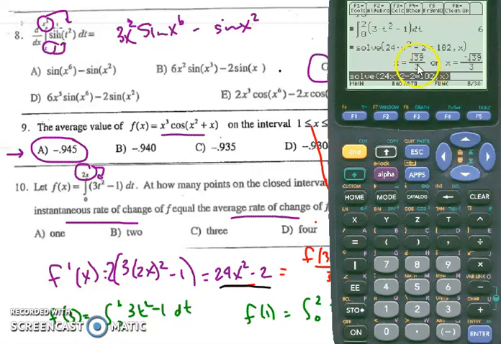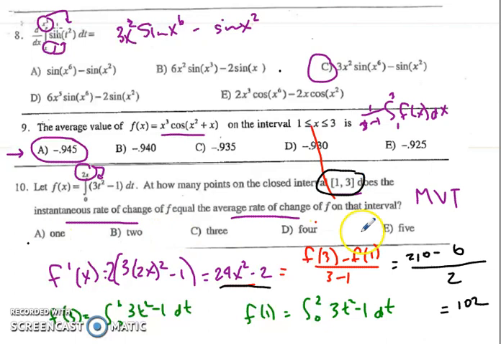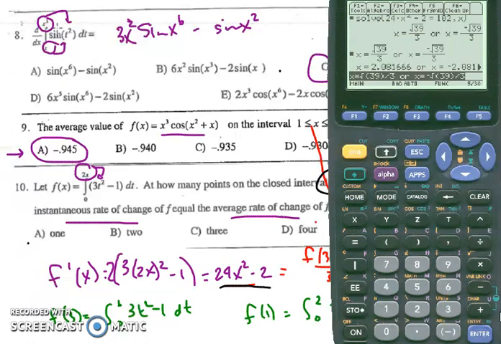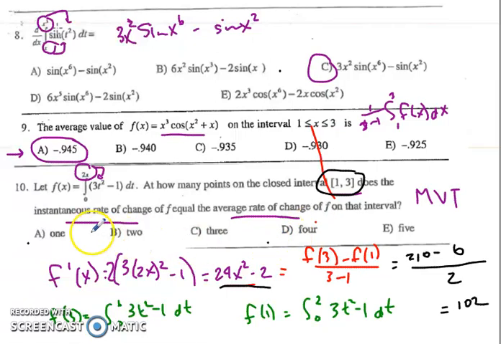And I get out two different values, and the question is, how many points on the closed interval from 1 to 3 does this happen? So I need to find out what are these values in terms of decimals. So bring them into the line, I hit green diamond, enter. 2.08 is definitely on the correct interval. Negative 2.08 is definitely not. So my answer here is 1 item.